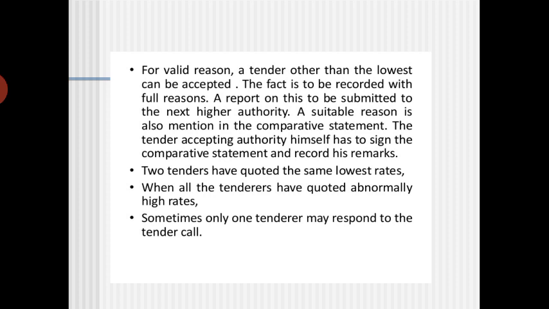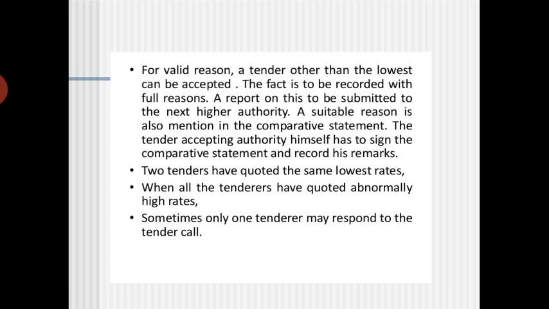That is very important, because as per the government norms, the work goes to the lowest tender itself. If you are rejecting that tender, then you have to give valid reasons for why you rejected the lowest quotation.